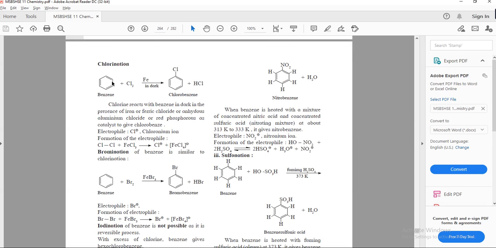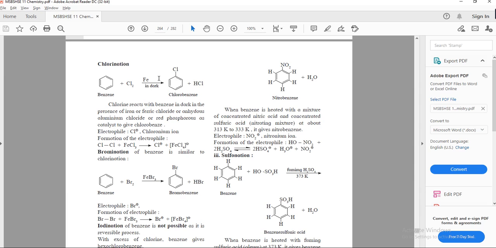When benzene is treated with Cl2 in the presence of Fe in the dark, chlorobenzene is formed. Only one hydrogen is replaced by a chlorine atom, and the byproduct formed is HCl. Chlorine reacts with benzene in the presence of ferric chloride, anhydrous aluminium chloride, or red phosphorus as a catalyst.